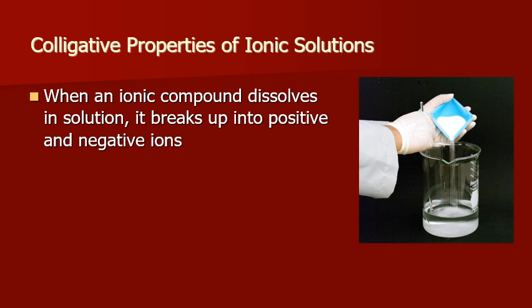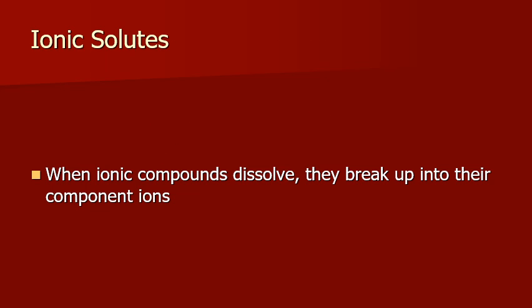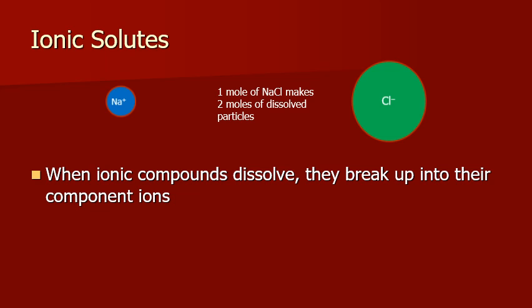But ionic solutions are a little bit different. When an ionic solution dissolves, it breaks up into positive and negative ions. Let's look at sodium chloride. When an ionic compound dissolves, we get our component ions. Sodium chloride breaks up when it dissolves into sodium ions and chloride ions.